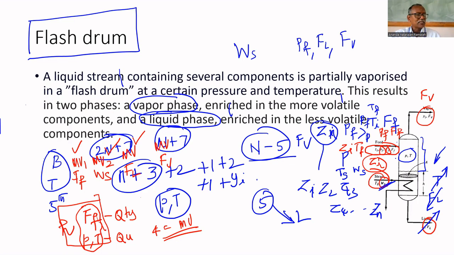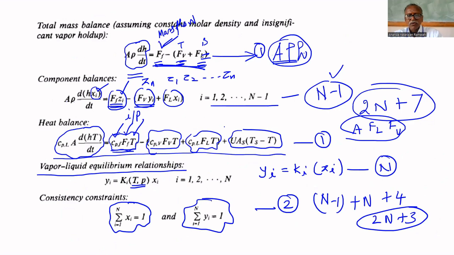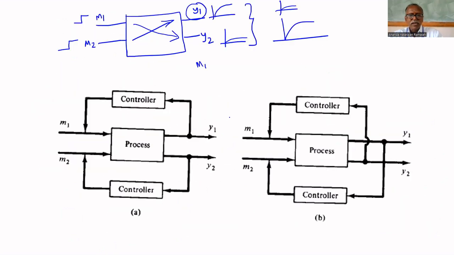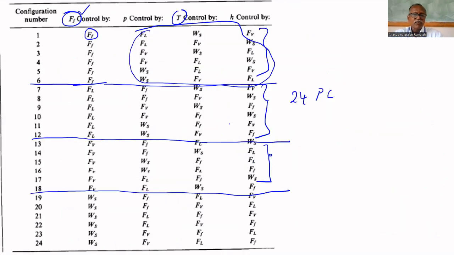If pressure decreases, boiling point will decrease. That's why temperature will decrease. So by adjusting this vapor flow rate also, we can adjust the temperature. But anyhow, which has direct impact, steam flow rate. That's why we have to consider the steam flow rate as a manipulated variable for temperature.